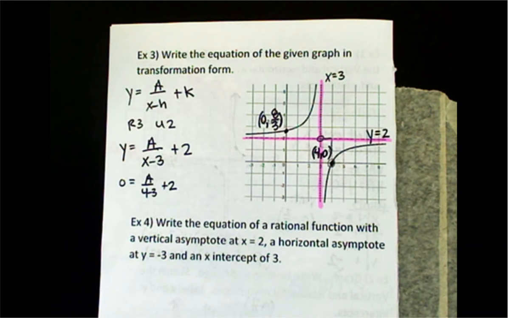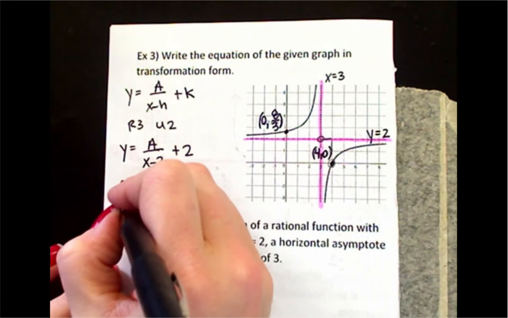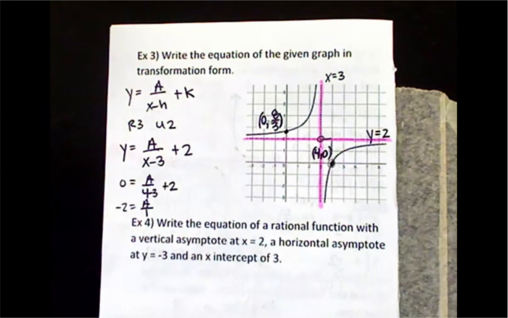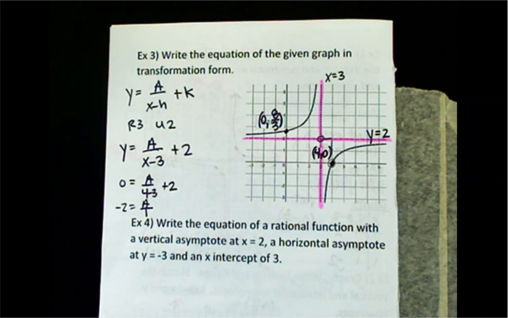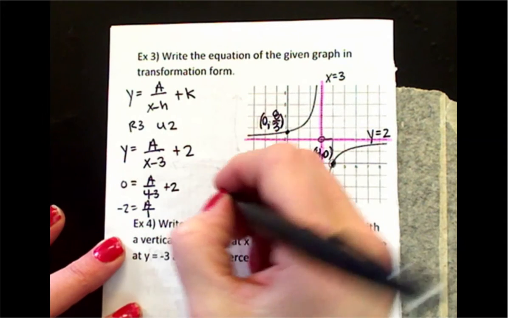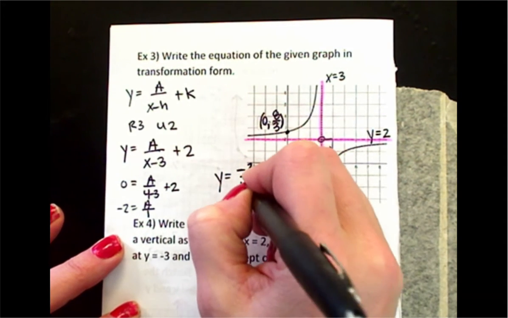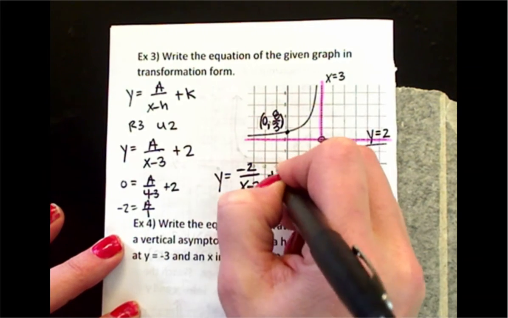Doesn't matter. Okay, I'm going to minus the 2. A over 1. Okay, yeah, A is negative 2. There's your answer, right? How do you find A? You substitute and solve, or you use your count values. Y equals negative 2 over (X minus 3) plus 2.